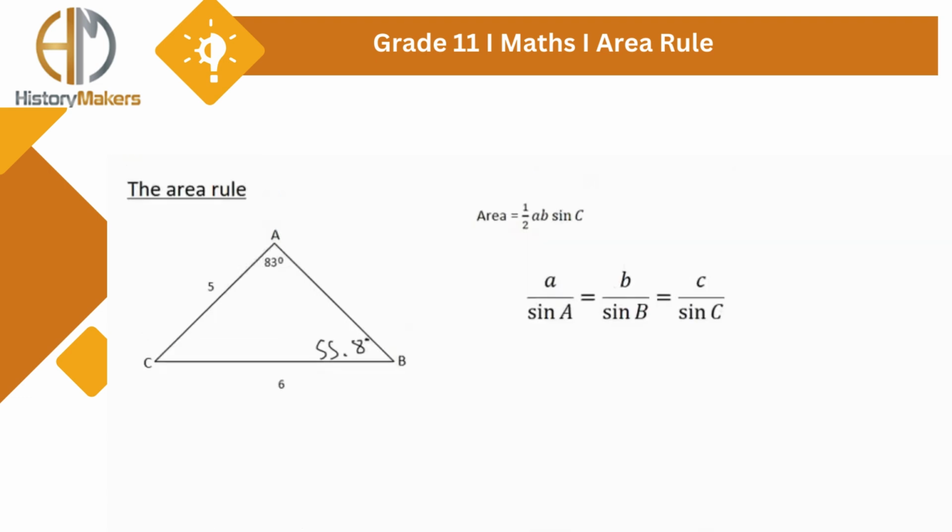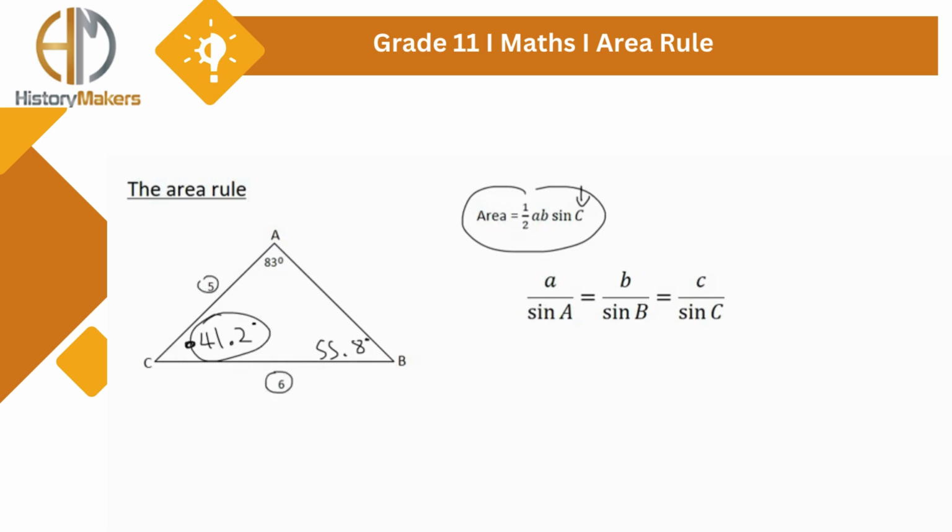And so why is that useful? Well, have a look here. We could now find this angle because we know that all angles in a triangle should add up to 180. So I'm not going to write down the reason for that. But if you had to go work out that angle, you would get it as 41.2 degrees. Now we can use the area rule, which has sin in it, due to the fact that we have an angle, which is this angle over here, and we have the two sides that are next to it.